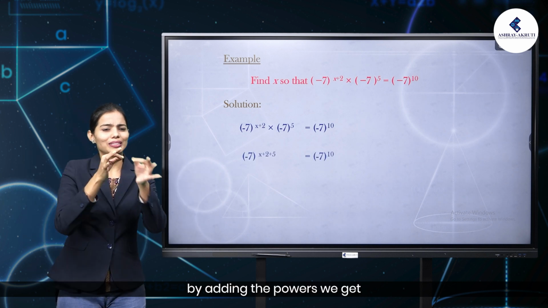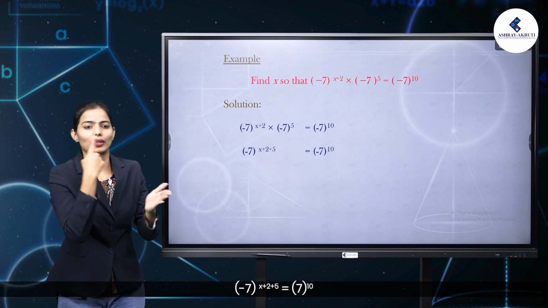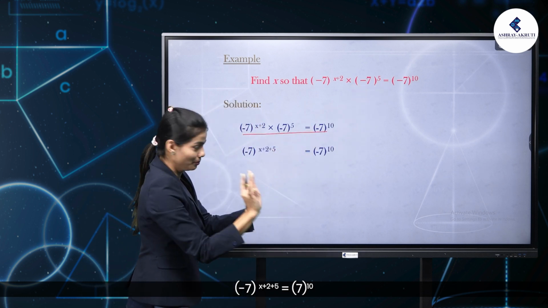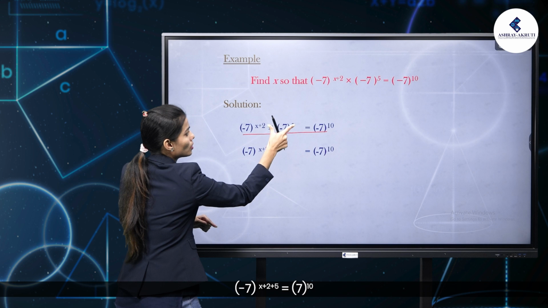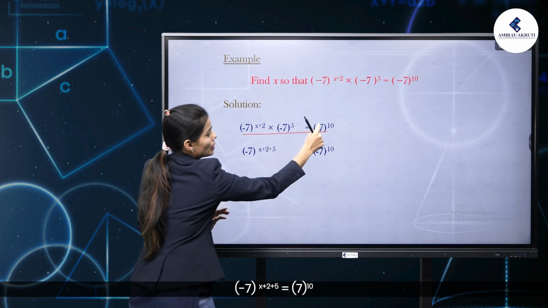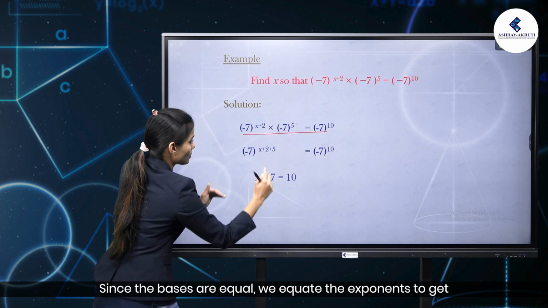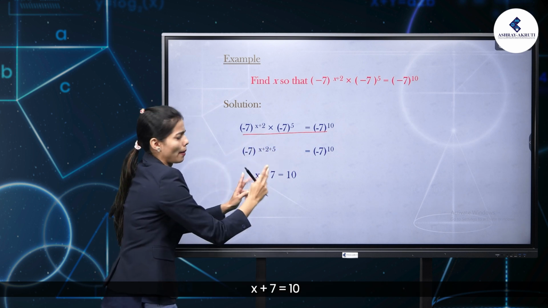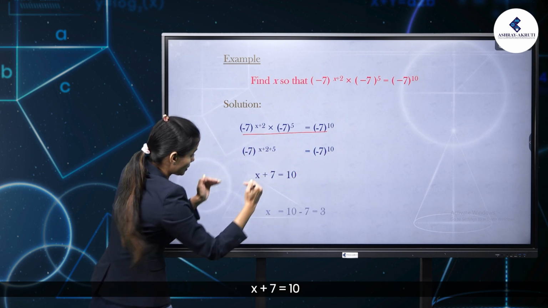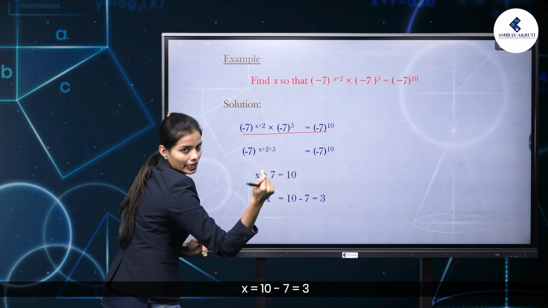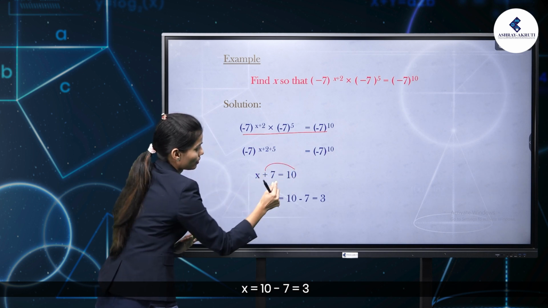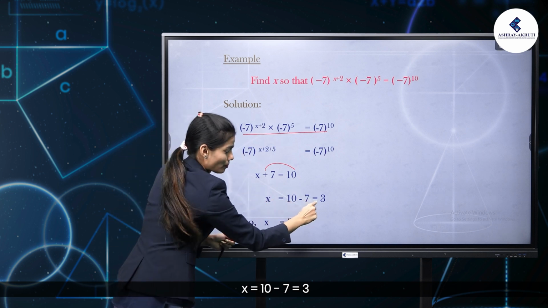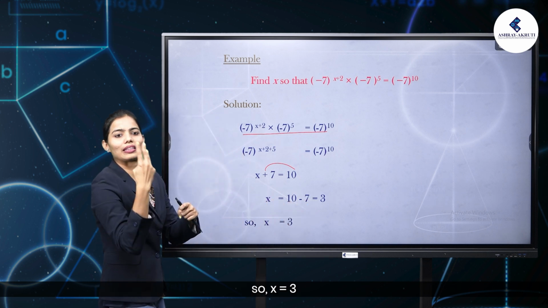By adding the powers, we get (minus 7) whole power x plus 2 plus 5 is equal to (minus 7) whole power 10. Since the bases are equal, we equate the exponents to get x plus 7 is equal to 10. x is equal to 10 minus 7 is equal to 3. So, x is equal to 3.